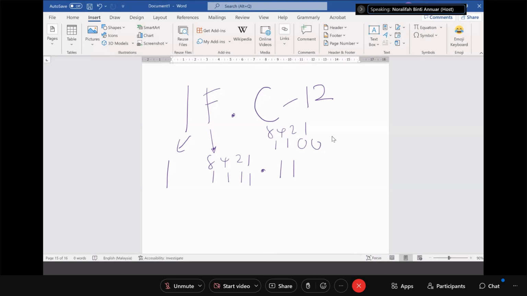So you boleh gunakan kaedah ni terus dapat position ni 1, 2, 4, 8 ni. Okay. Dia lain sikit. Slightly different.